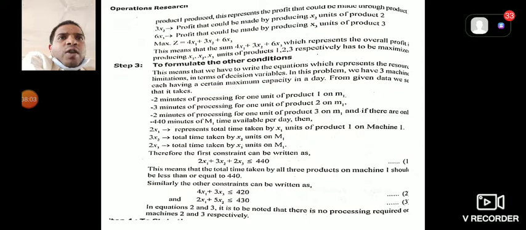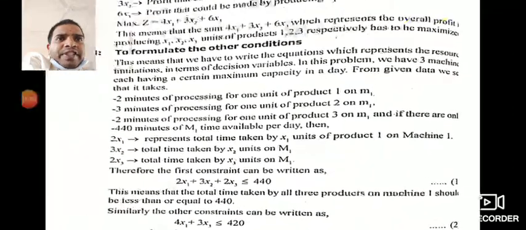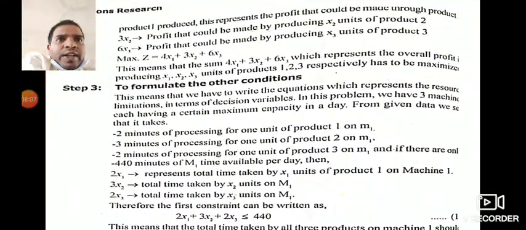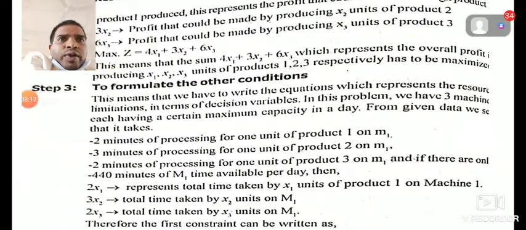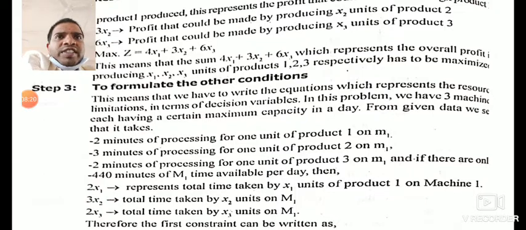So we can write the maximization function, the z equation. Maximize z equals 4x1, as we are getting 4 rupees for product 1, plus 3x2 for product 2, 3 rupees, and plus 6x3 for product 3, 6 rupees profit. So the objective function is maximize z equals 4x1 plus 3x2 plus 6x3.